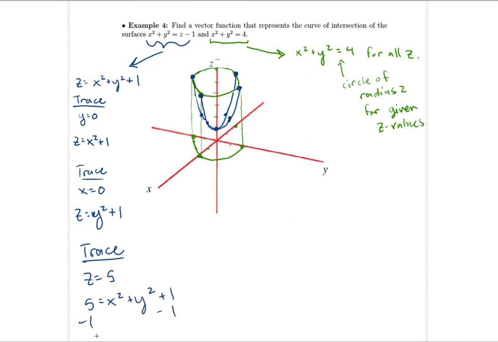So we subtract 1, and we get 4 equals x squared plus y squared. So we know that when z is equal to 5, we just have a circle, a circle of radius 2. So in fact, that top circle there should be the place where these two surfaces intersect.